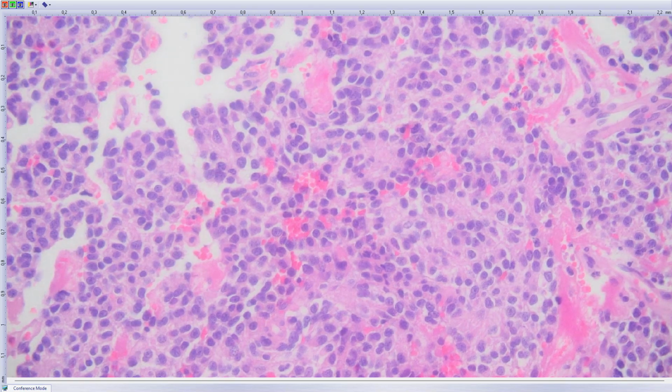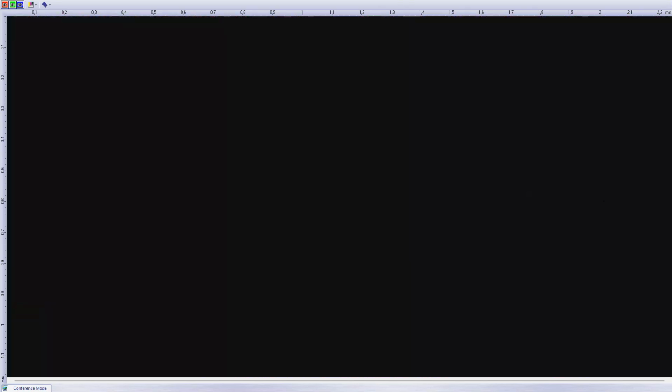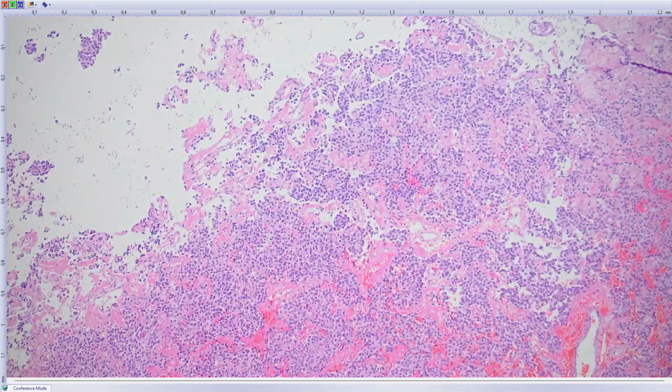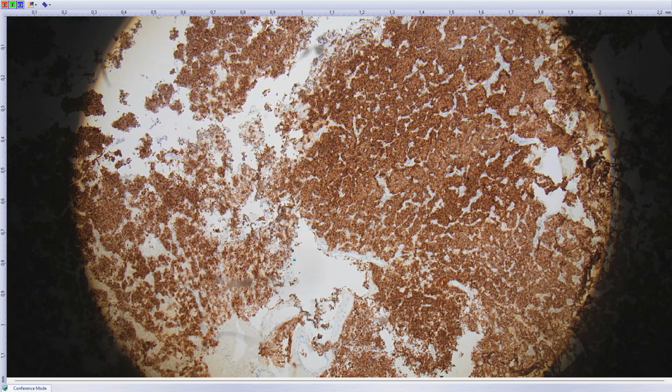The histomorphology again is quite non-specific and maybe low grade. Not many mitotic figures were present, probably no necrosis as far as I remember. And the lesion was positive for synaptophysin, so very strong and diffuse synaptophysin positivity.